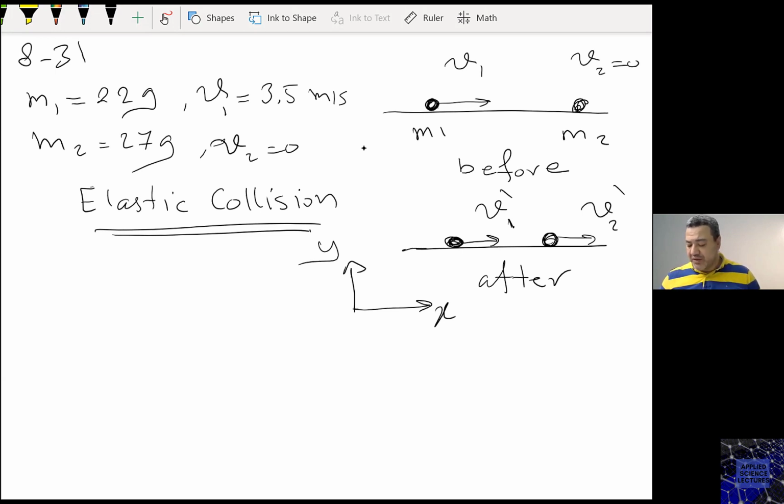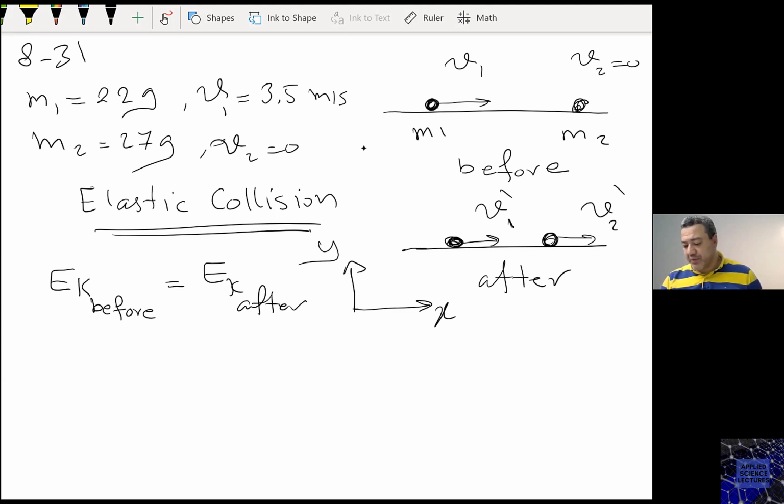So let's start first with the definition of the elastic collision. An elastic collision means that the kinetic energy before the collision equals the kinetic energy after the collision. And in this case, I will write EK before equals EK after.